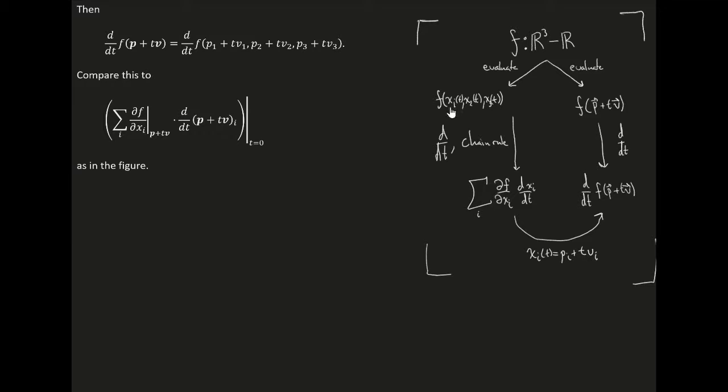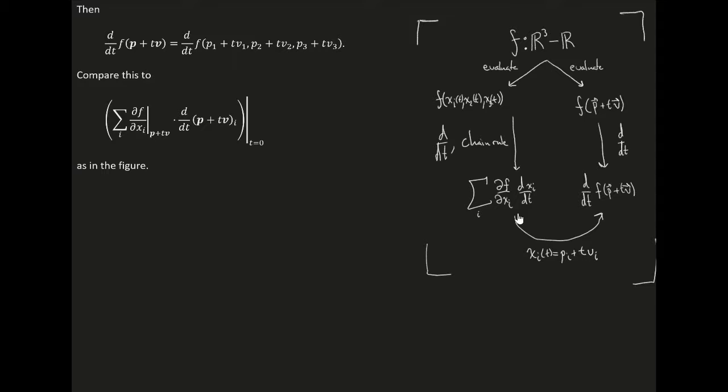Now, using the chain rule, we can take the derivative of f with respect to t, and in order to compute this derivative, we will first take the partial derivative of f with respect to the arguments, so x1, x2, x3, those are the arguments, and then after taking the derivative of f with respect to, say, x1, we have to follow up with the derivative of the inside function x1 with respect to t. And we do this for 1, 2, and 3, and we compute the sum.